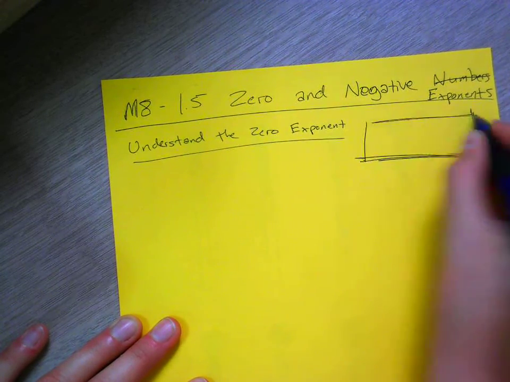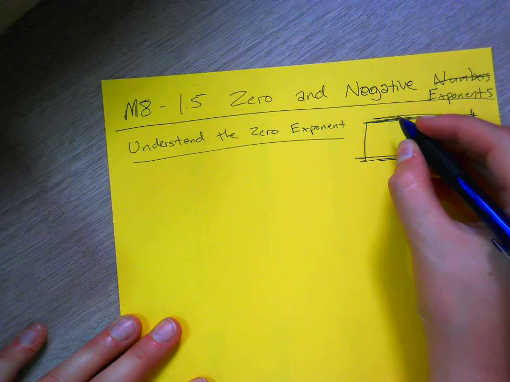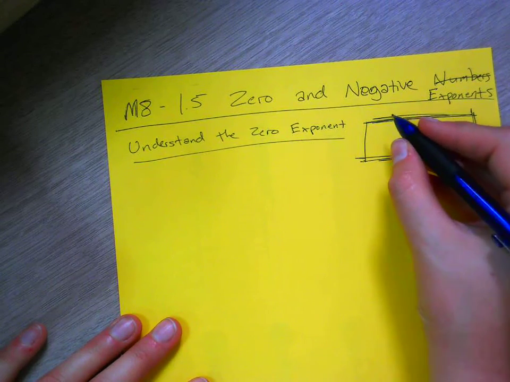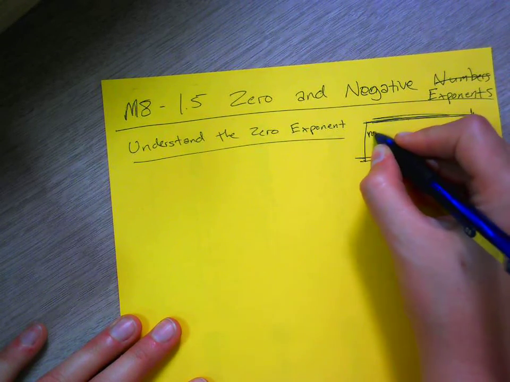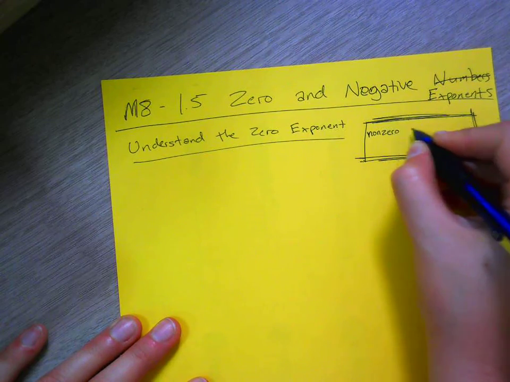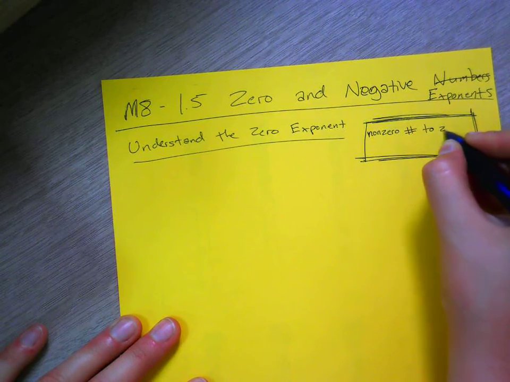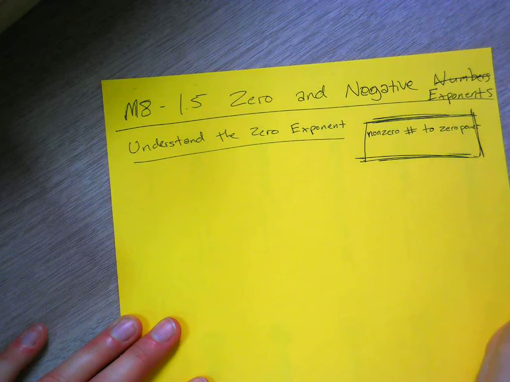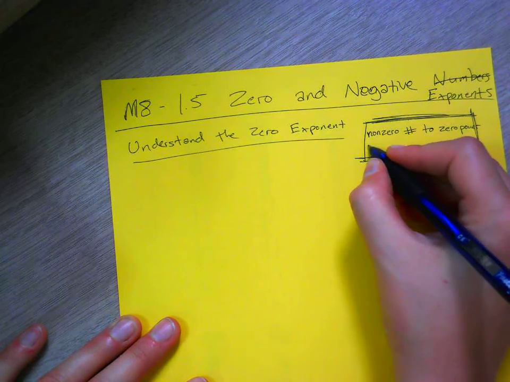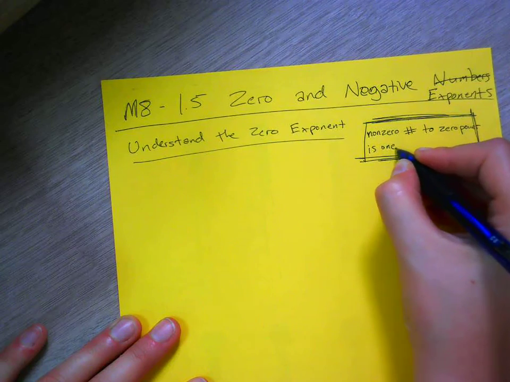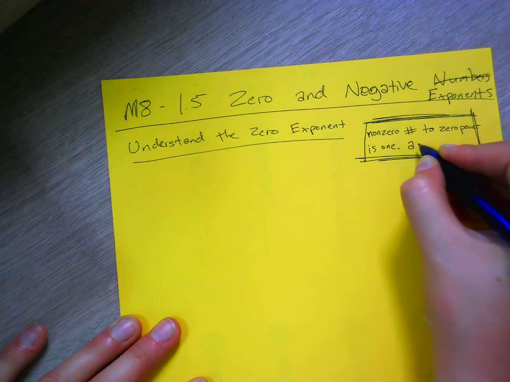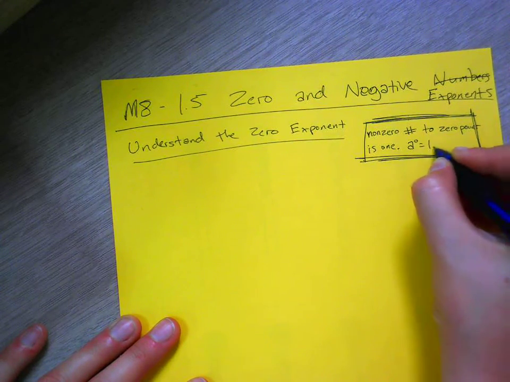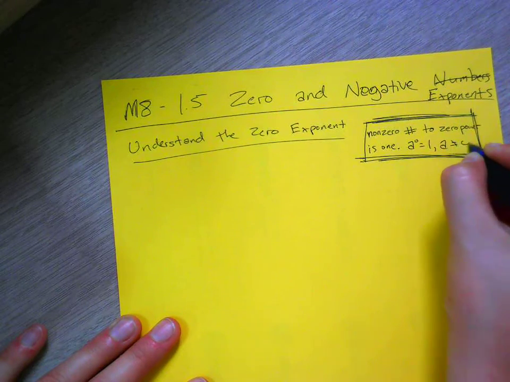A non-zero number raised to the 0 power is 1. So a to the power of 0 equals 1, where a does not equal 0. This is very important. This is what we're going to remember.